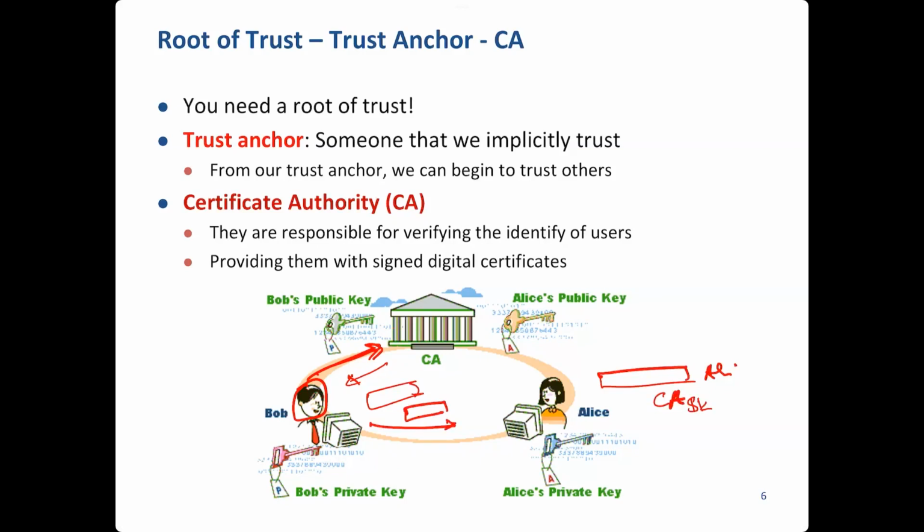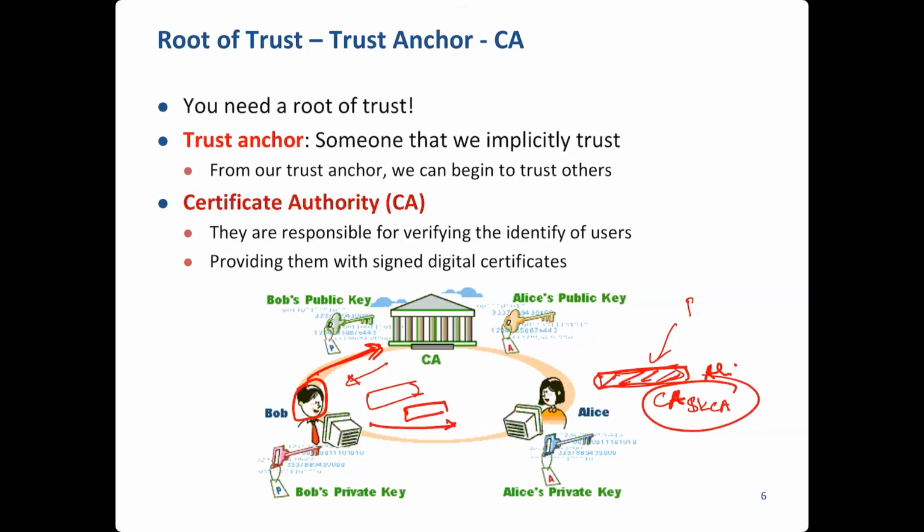Then Alice will use the CA's public key to decrypt this, and she will get the contents. Done. Good.